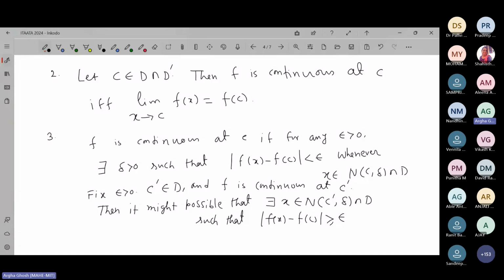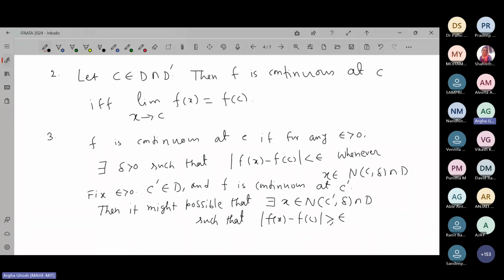But f is continuous at the point, so you need a different delta, a smaller delta than the delta which works for C.